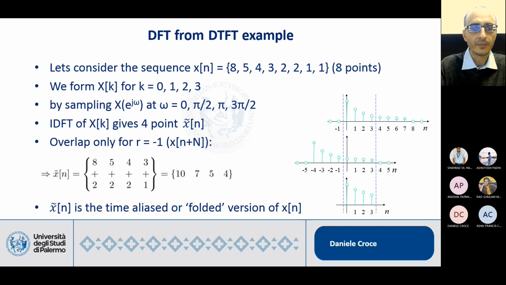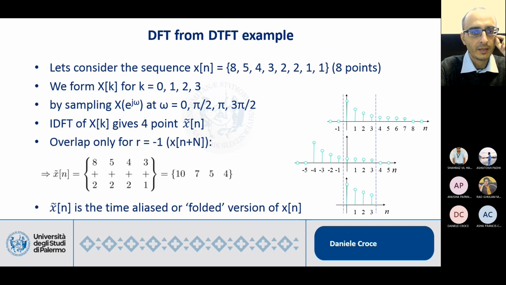So you have the original points that are above, 8, 5, 4, 3, but also the sequence that is shifted by 4, but the shift is again inside the interval. So the elements will be summed with the values of 2, 2, 2, 1. So the result of x tilde will be the sum of these two.